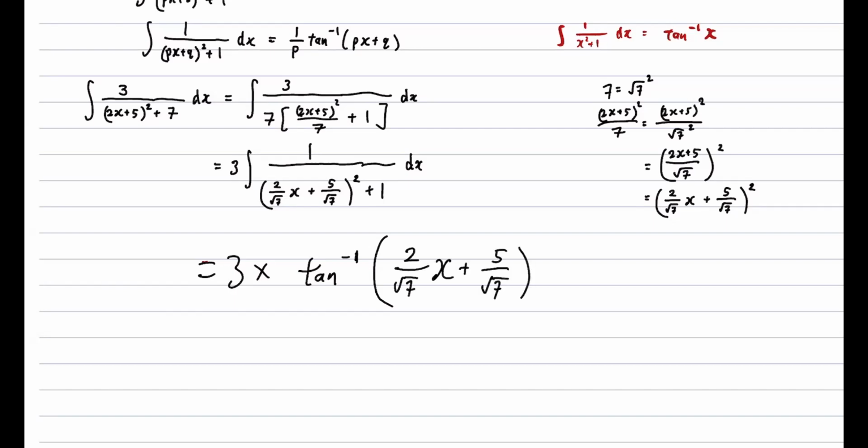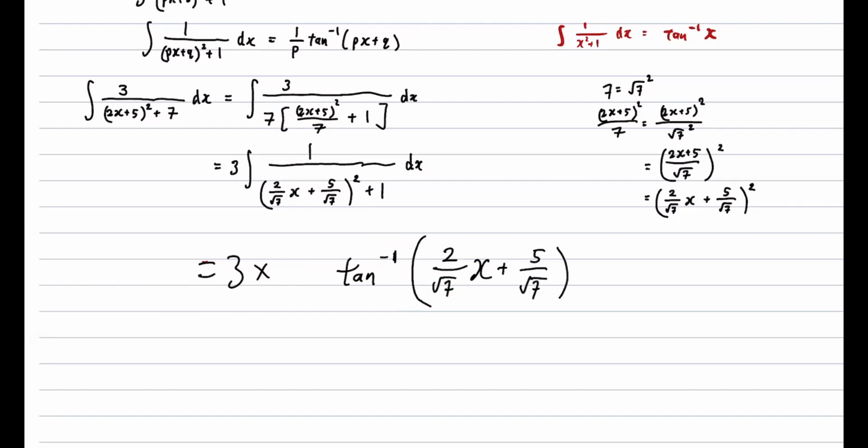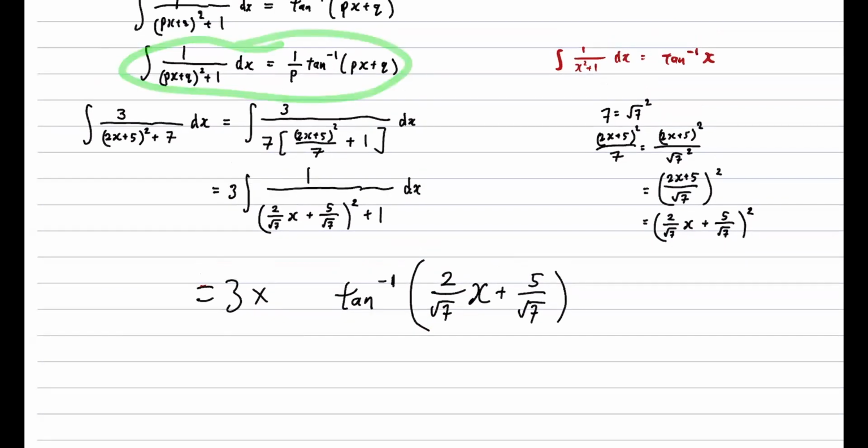But because there is an extra term in front, that's why you have to divide by that term. So if you remember this formula here, you have to divide by p, right? Px plus q. So what is my p in this case? Square root 7? No. See, it's inside the bracket px plus q before you square.